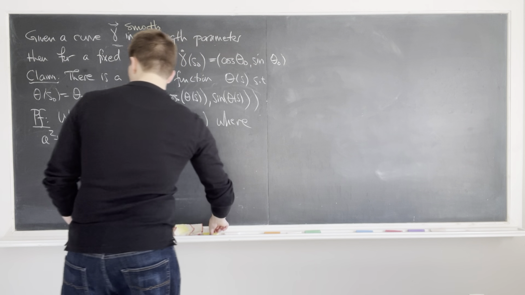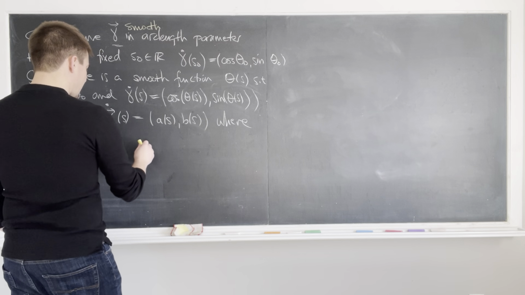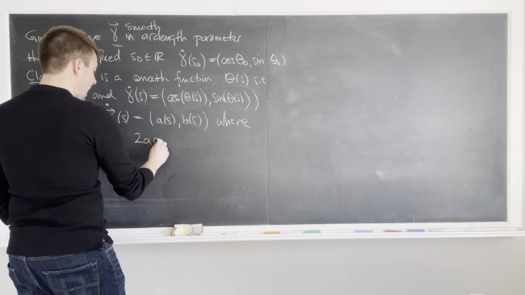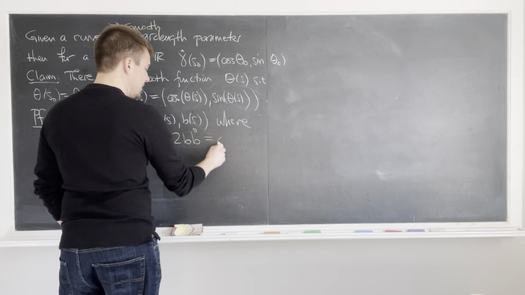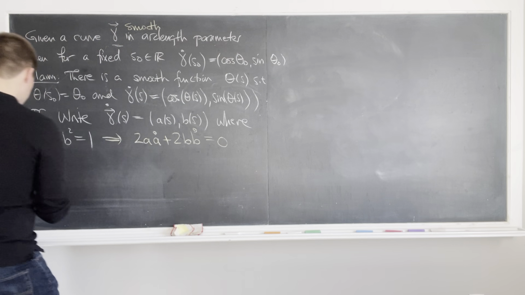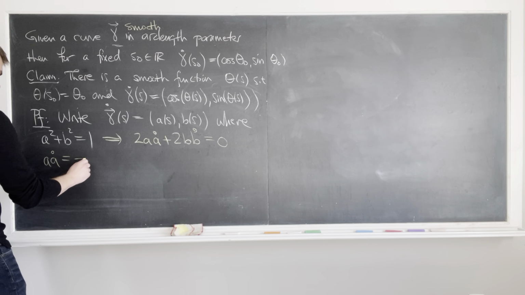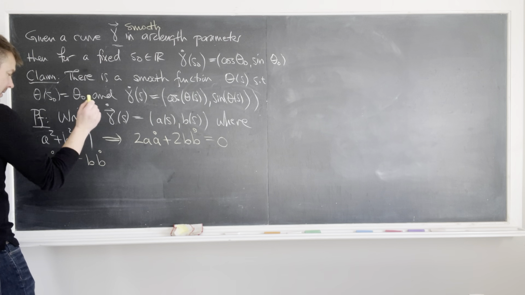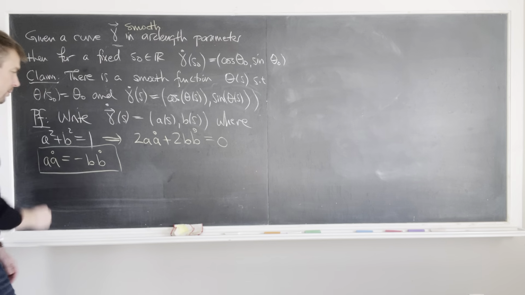Now, of course, I'm going to use a differential version of this as well at some point in this proof. So this implies, of course, that 2A A dot plus 2B B dot is equal to 0, which says that A A dot is equal to the negative of B B dot. Hence, A A dot is negative B B dot, like so, right? So I'm going to use this relationship quite a lot in our proof.